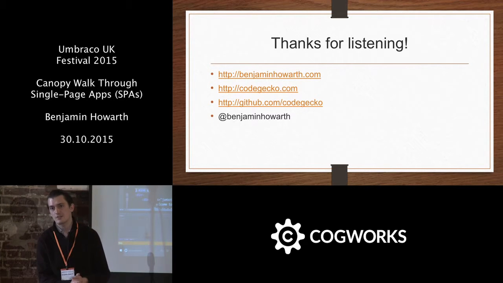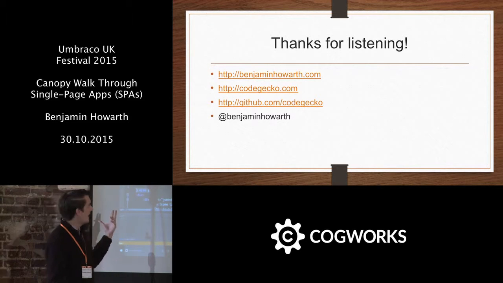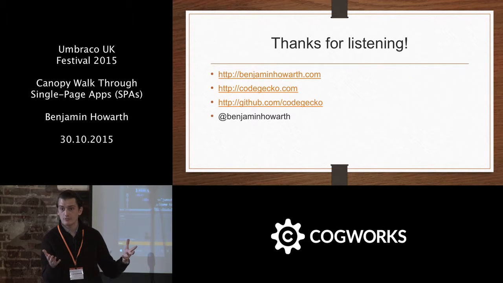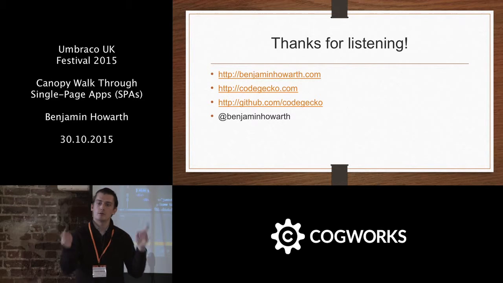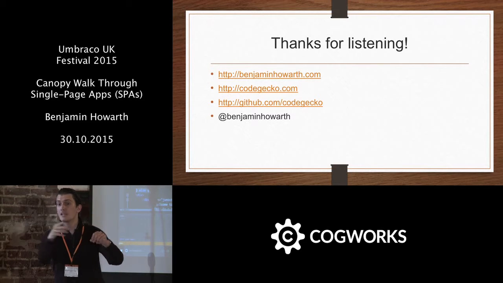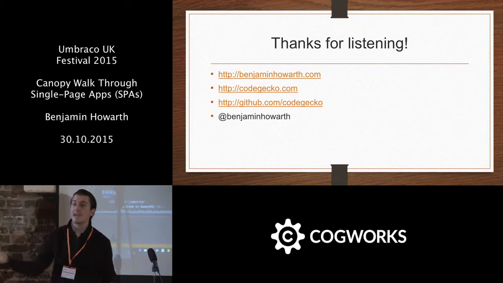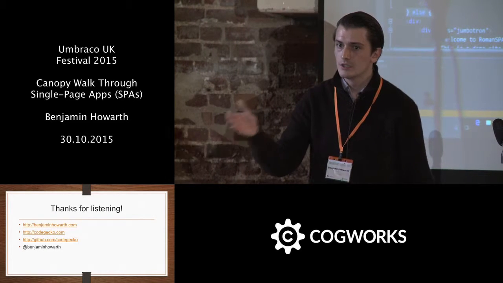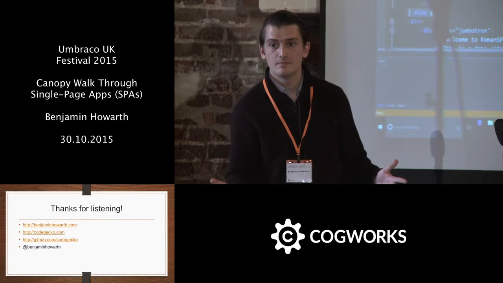So yes, in essence, when you hit, let's say, /home, Angular kicks in and goes, right, I need to load the Angular view. Boom, it loads up the Angular view. When you go to /blog, however, the Angular routing engine's already kicked in at that point. So it will only load /blog. It won't do a full page request. It'll just do a partial by navigation, and it will only load the Angular view for blog. Does that make sense? So it's only on first load that you get a double hit, basically.